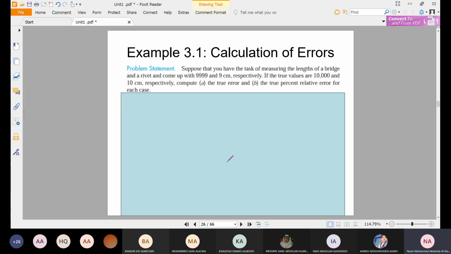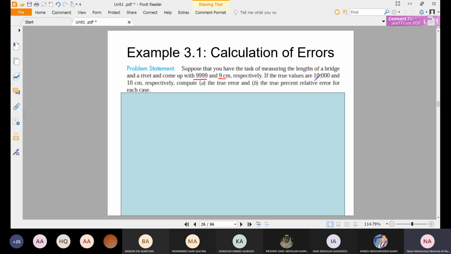Let's take this example. This is from the textbook. Suppose we have a task to measure the length of a bridge and a rivet. If we measure the bridge and we find that its length is 9,999 centimeters, and the length of the rivet is 9 centimeters.